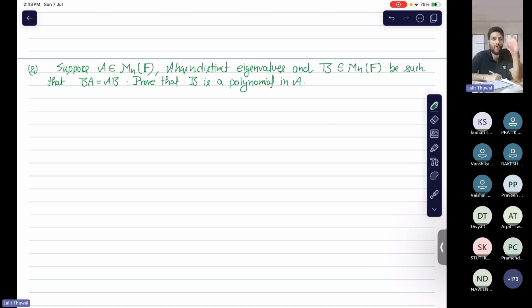If some matrix commutes with A, then it must be a polynomial in A, right? Only polynomials in A commute with A.